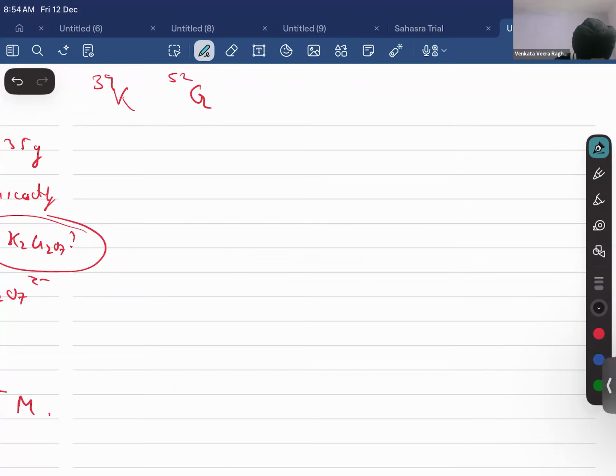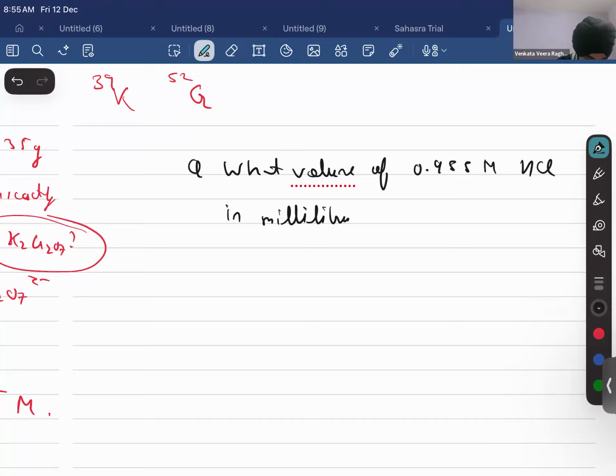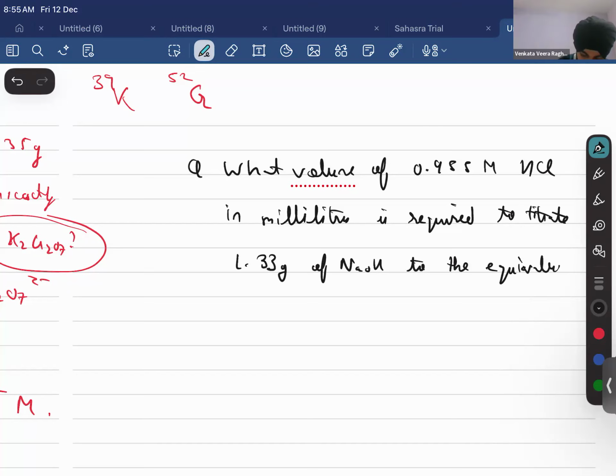So the question says, what volume of 0.955 molar HCl, in milliliters, is required to titrate 1.33 grams of NaOH to the equivalence point. The equation is also given to you.